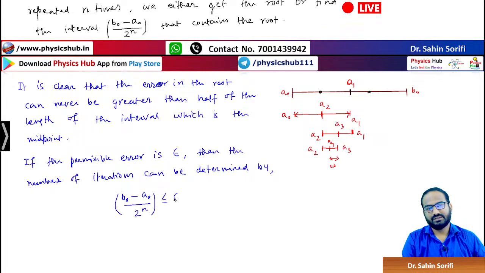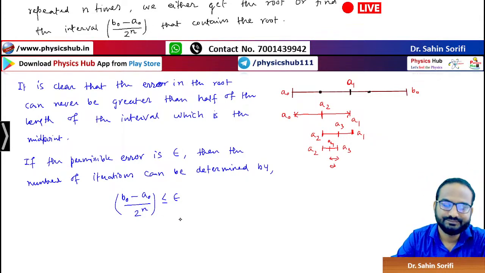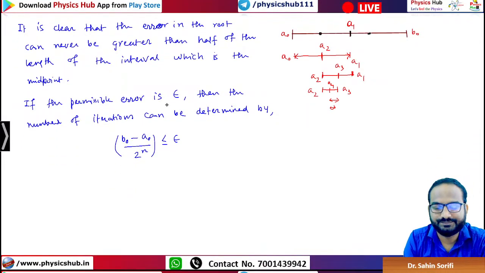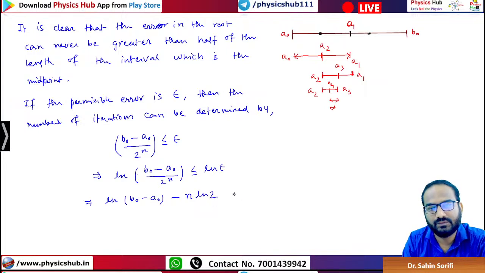This should be less than or equal to epsilon, if epsilon is the error. Now if I take logarithm on both sides, I get ln(b naught minus a naught) minus n times ln 2 less than or equal to ln epsilon.